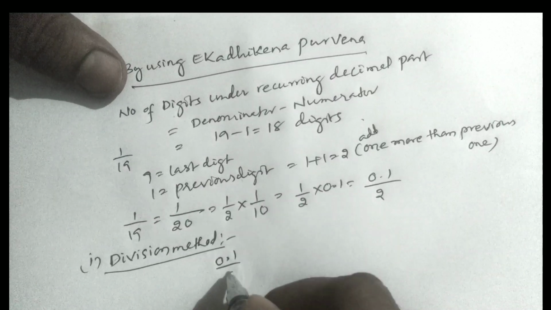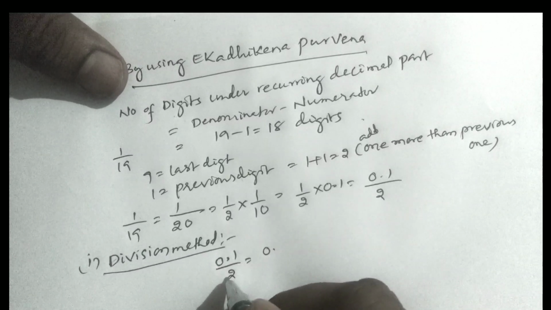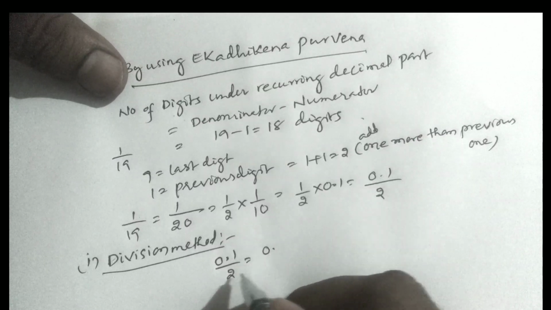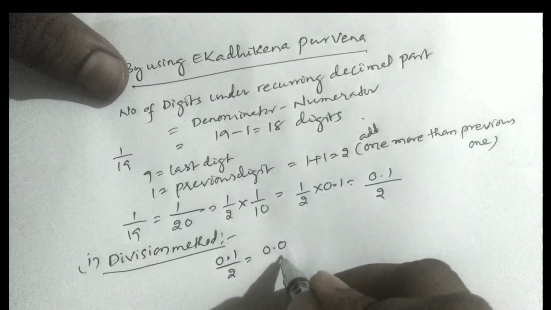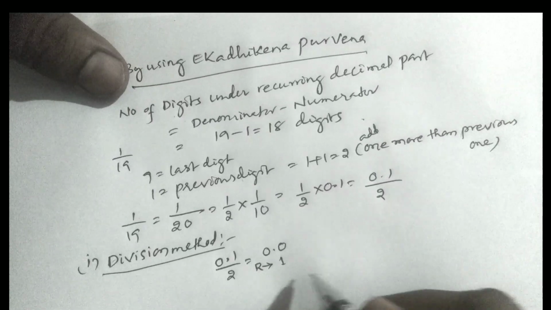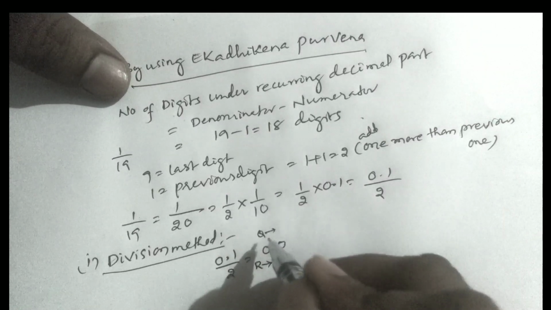Let us take 0.1 upon 2. 0 times 2 is 0. So write 0 as the quotient part, and 1 is the remainder. Remainders are always written downside, and the quotient is always written upside.